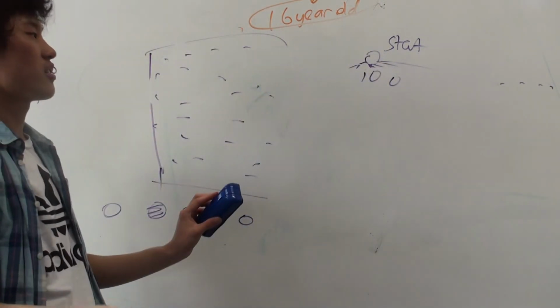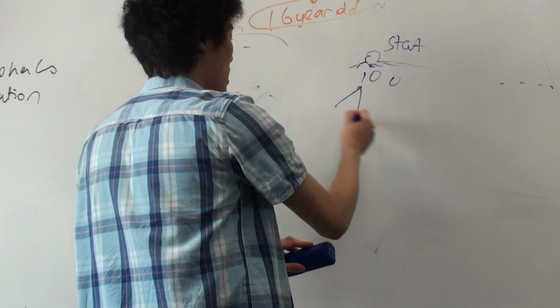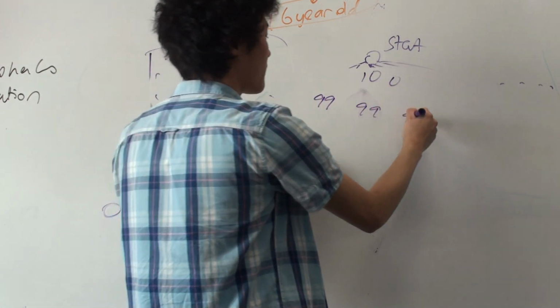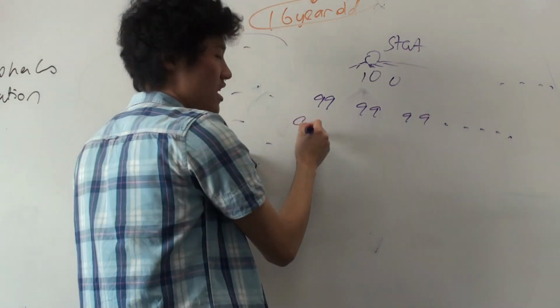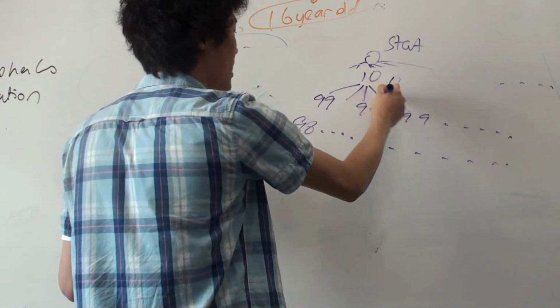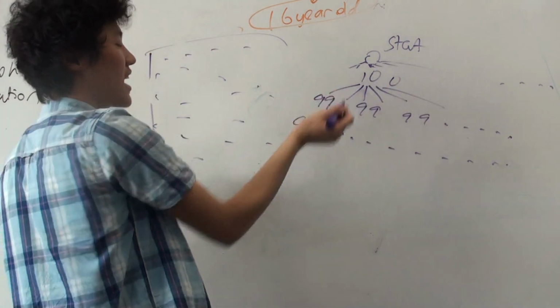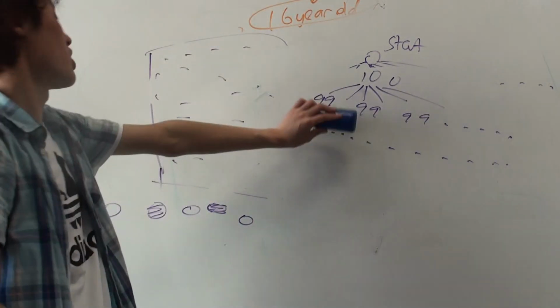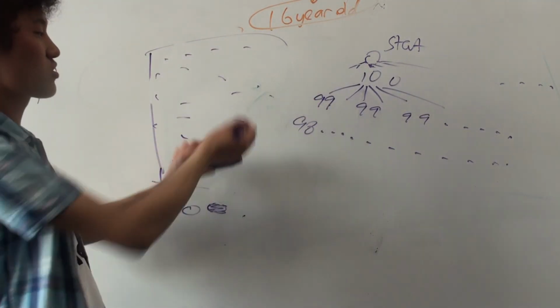Check all 100. So step 2, we have to check 99 for each of them, and then 98. So for each branch, there's 100 branches. All of the 100 branches have to check 99 times. There's 99 branches out. As you can see, this monstrosity is horrendous.